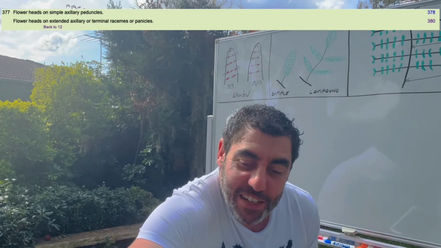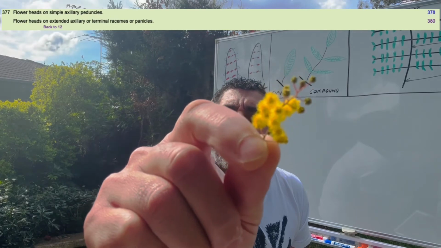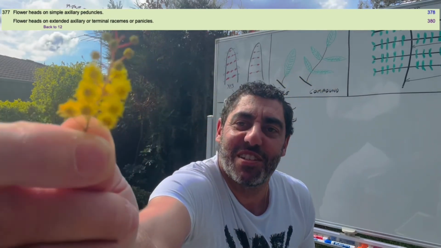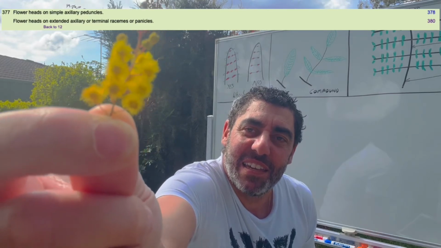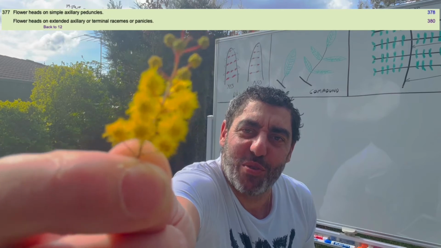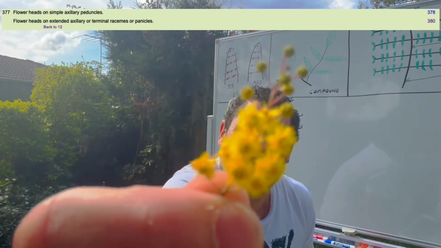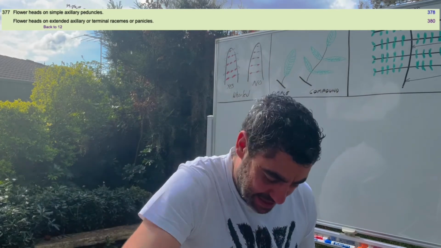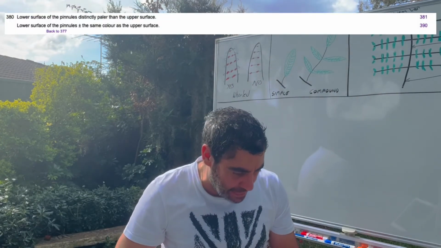I showed you that earlier, and I explained when we were videoing the plant that you can just see from the structure of it holding the flowers that it is clearly a raceme, and it's not basic. So we can go to 380.